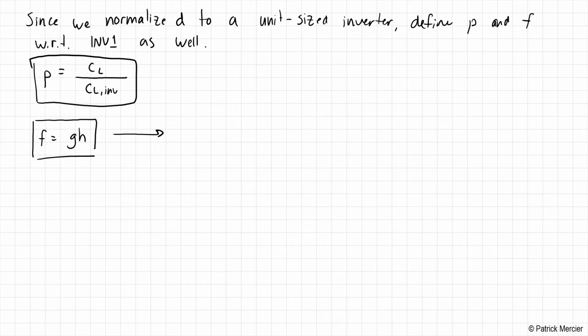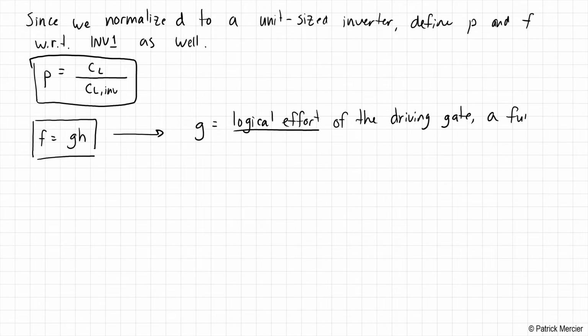Okay, so G is called the logical effort of the circuit. It's the logical effort of the driving gate and is a function of gate complexity.